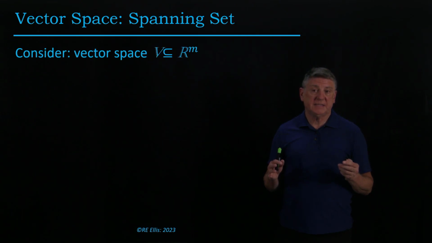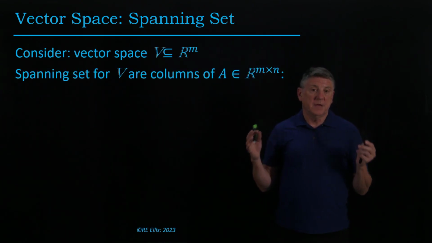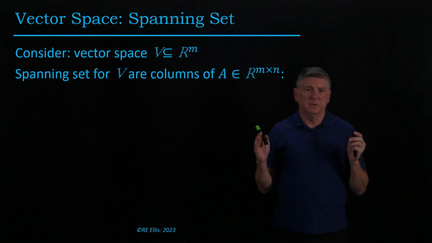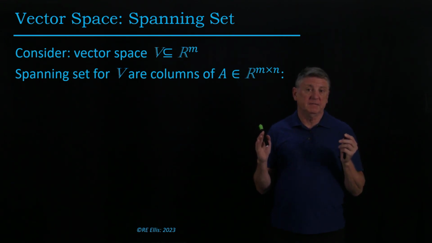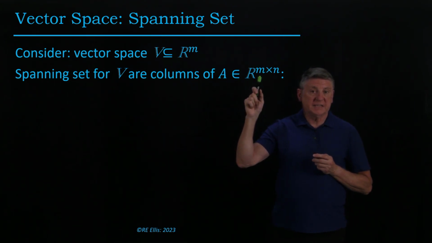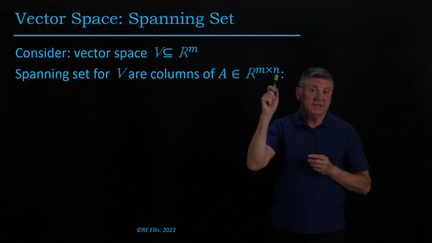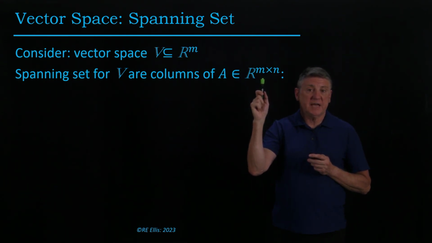A spanning set of such a vector space could be infinite, but for us it's a finite set of vectors. So if we have a matrix that has m rows and n columns, we can view this as n vectors, each of size m.